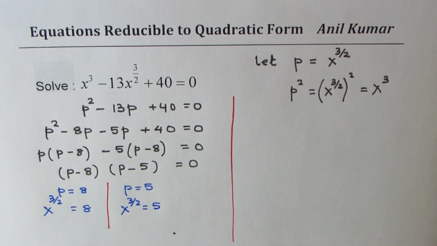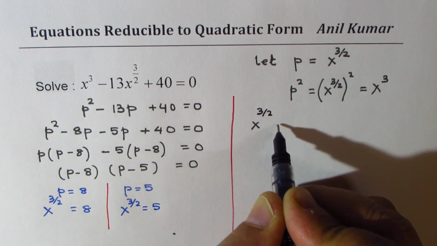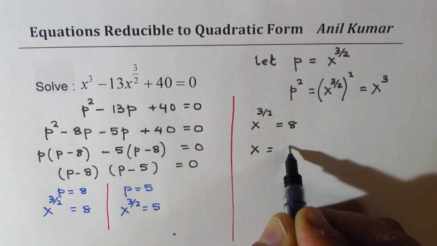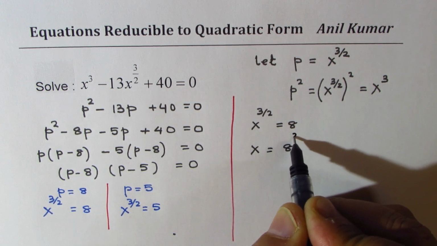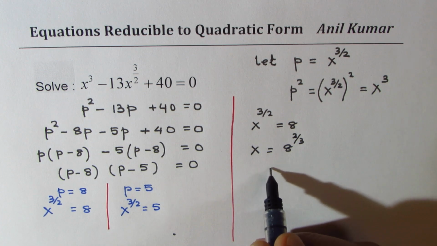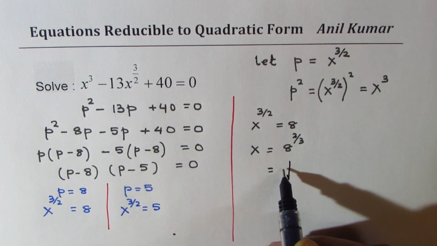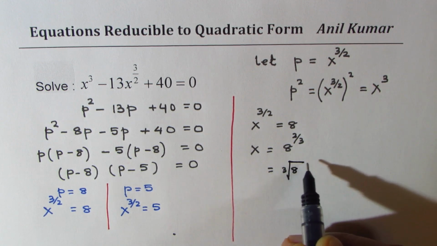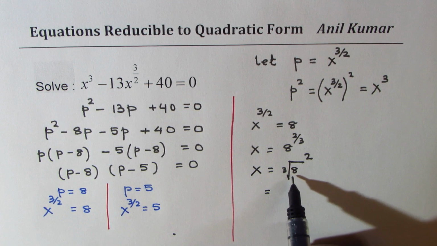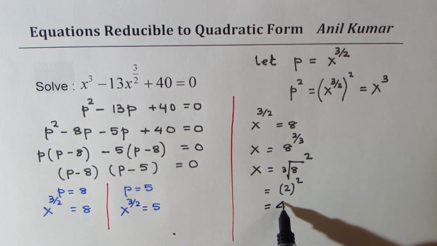So let's get the answer here. We are saying x to the power of 3 over 2 is 8. That means x equals 8 to the power of 2 over 3. That means cube root of 8 and then square, right? So cube root of 8 is 2. So we get 2 square, which is 4.